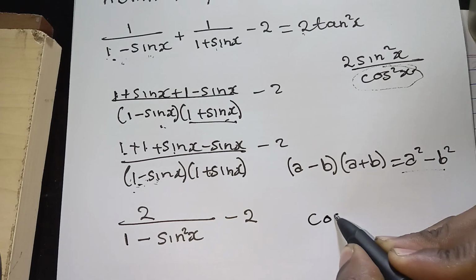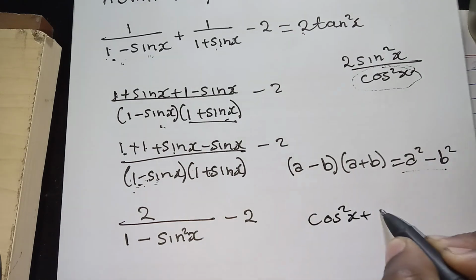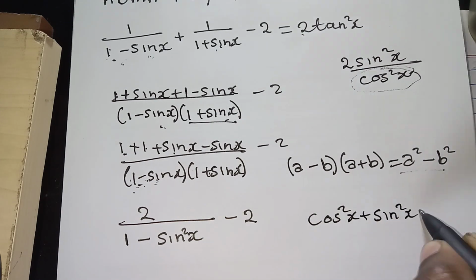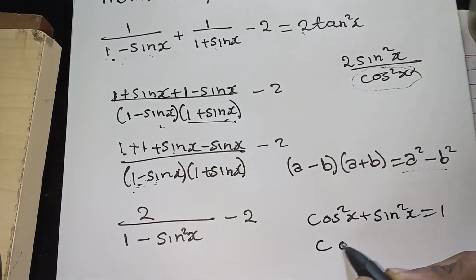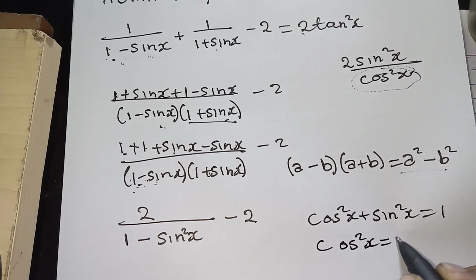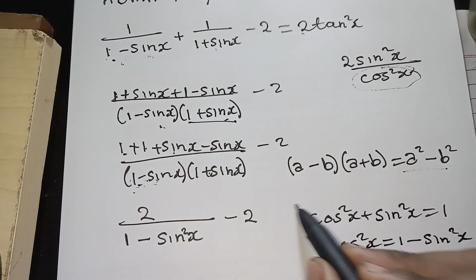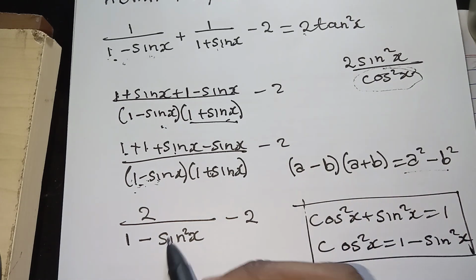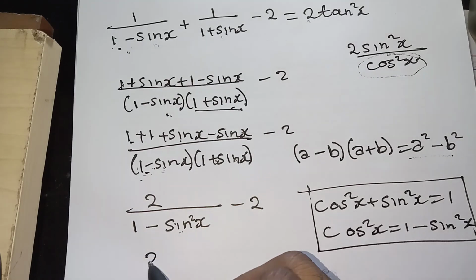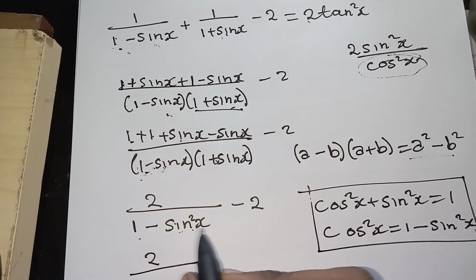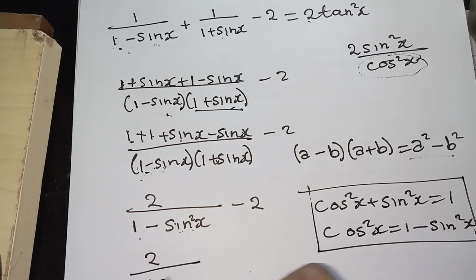Of course, from this identity, we know that cos squared x is equal to 1 minus sine squared x, which is exactly what we have on the denominator there.